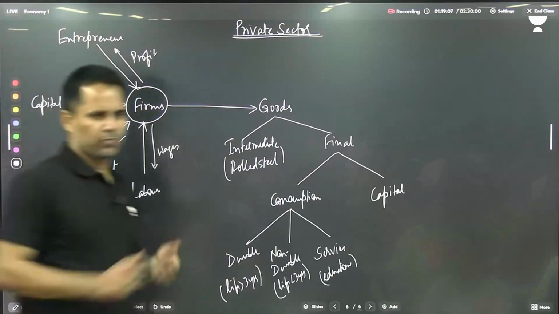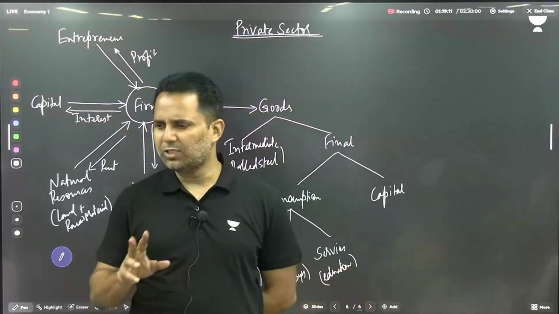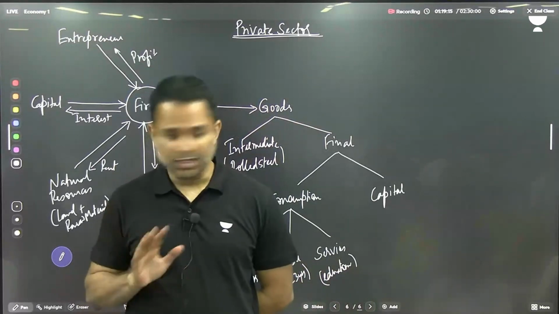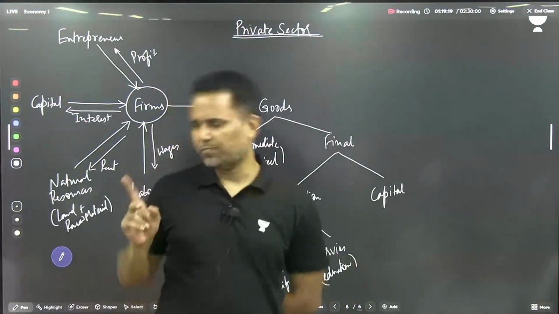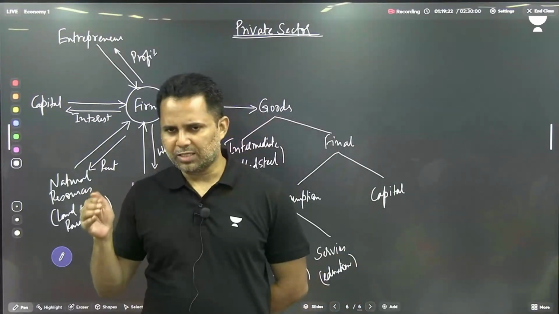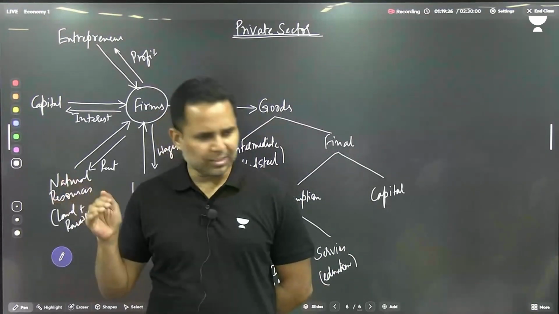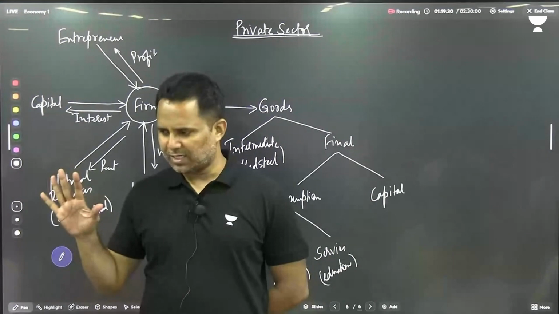Why is this so? कैसे पता करेंगे कि whether it is intermediate or final? So you just need to check the last market transaction. In my case, at home, the last transacted product in the market is tea leaves. So that is final.